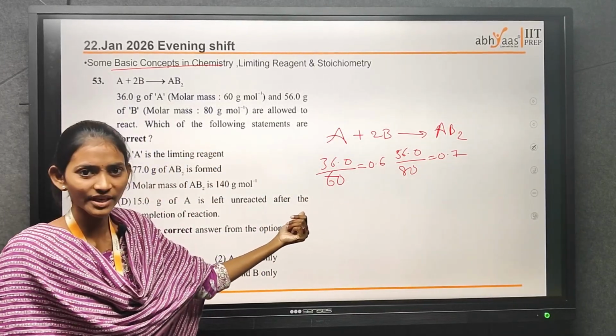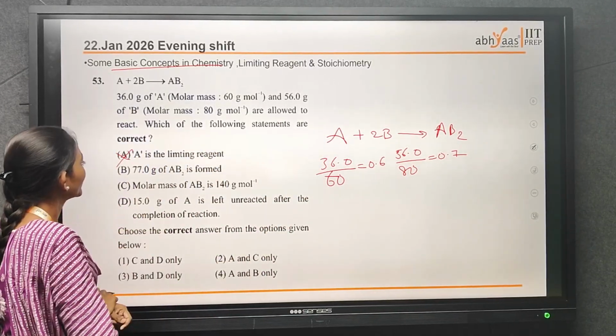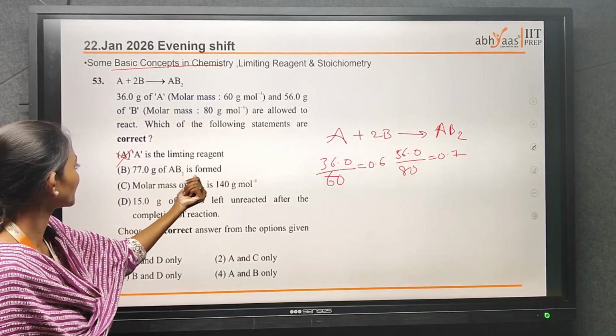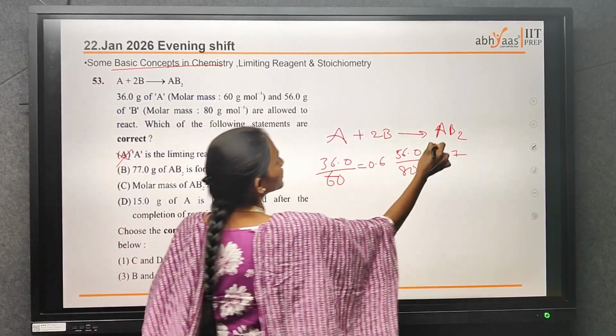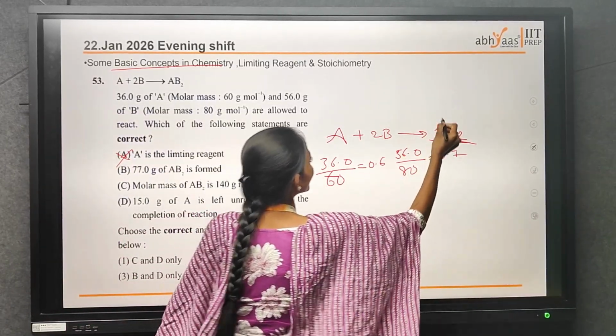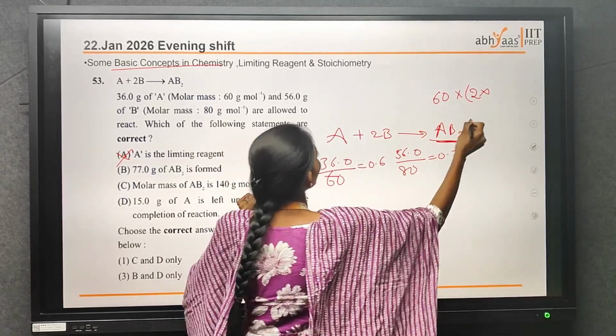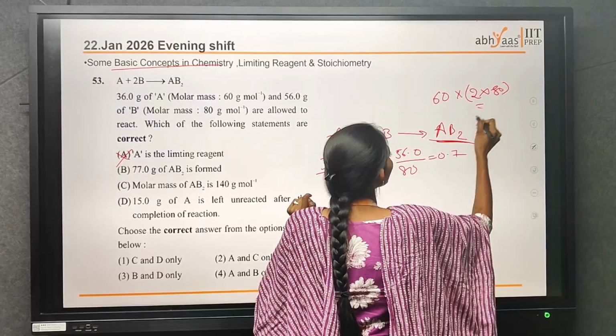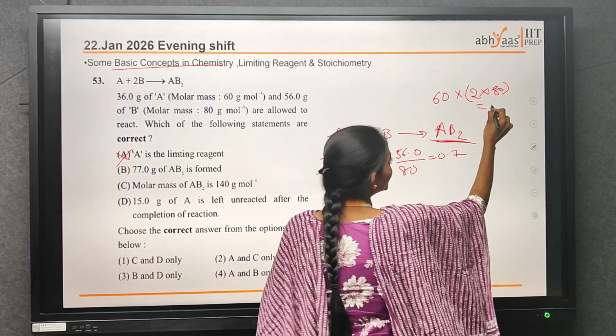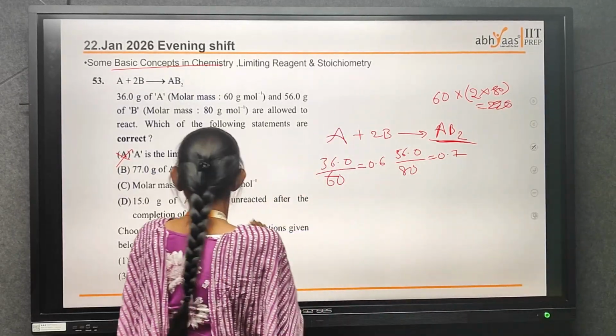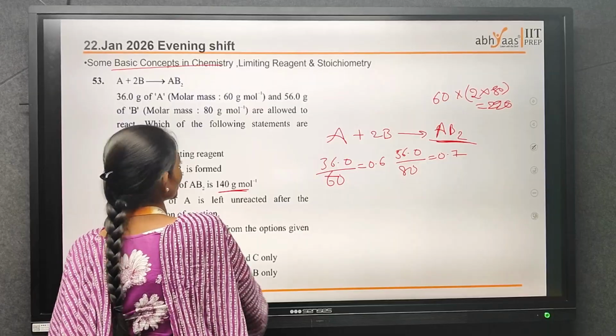So they are telling that A is the limiting reagent, which is not at all correct. Coming to 77 grams of AB2 being formed: AB2 has molar mass 60 plus 2 into 80, approximately 220. They are telling 140, which is not the correct option.